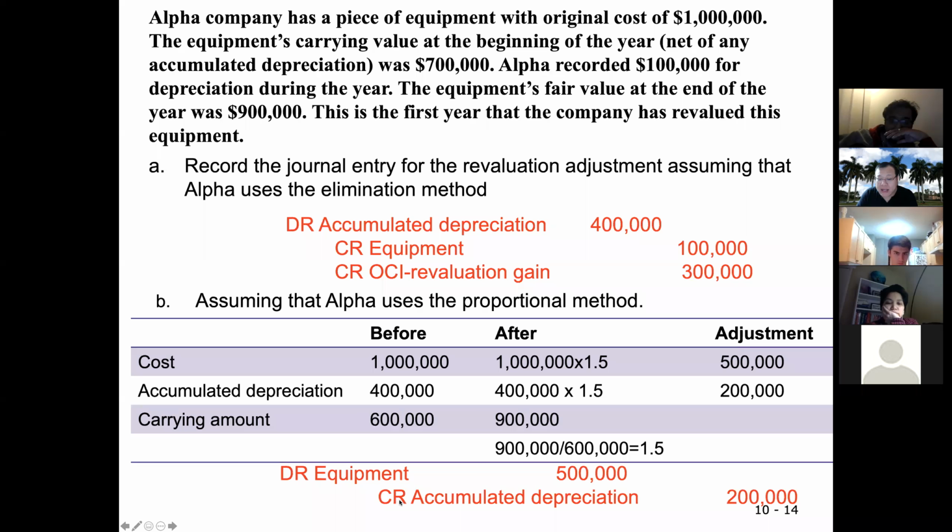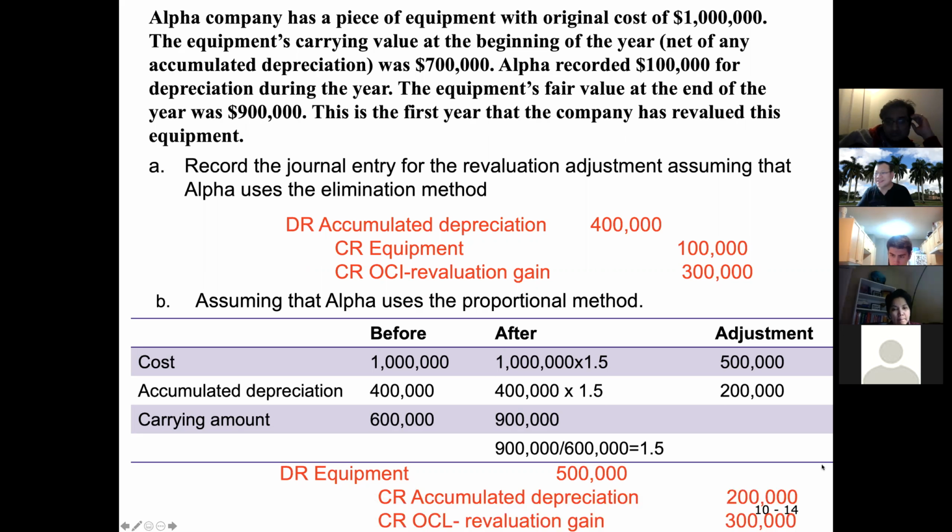And I credit cumulative depreciation for 200. This is 400, this is 600. The difference is 200. And now I need to credit OCI revaluation of 300. Credit OCI revaluation 300 is the same.